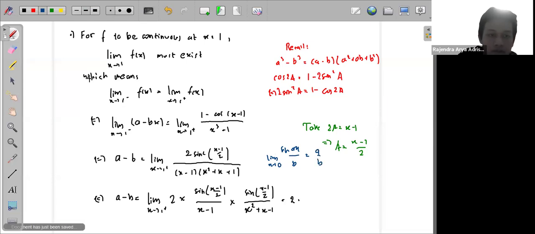Well, okay. So this, I can rewrite it by taking a new variable, say t.